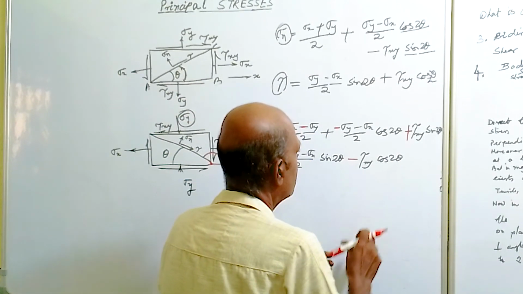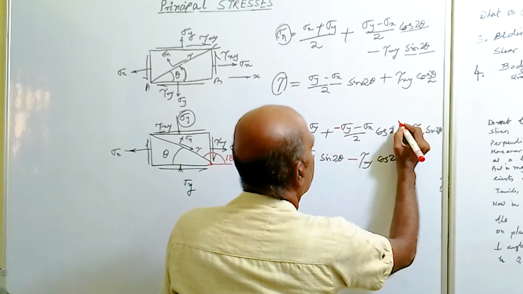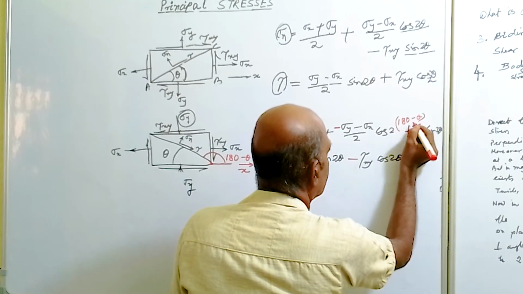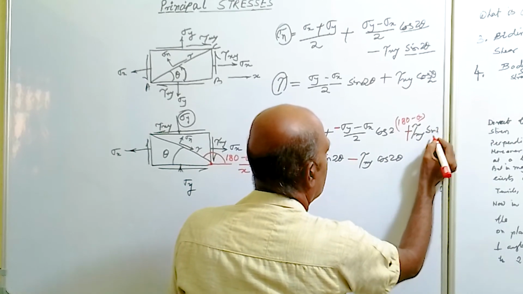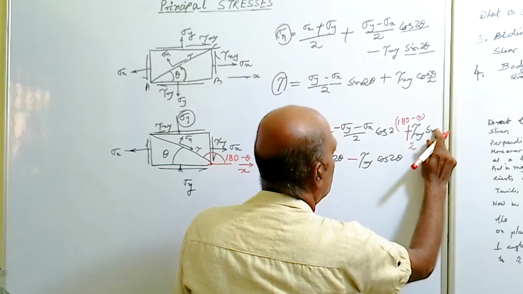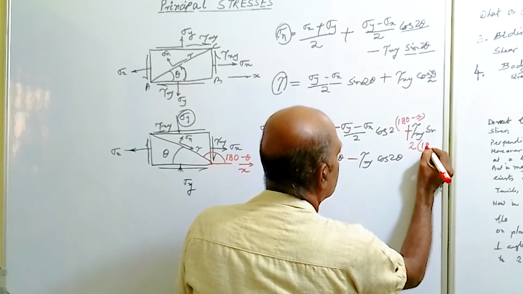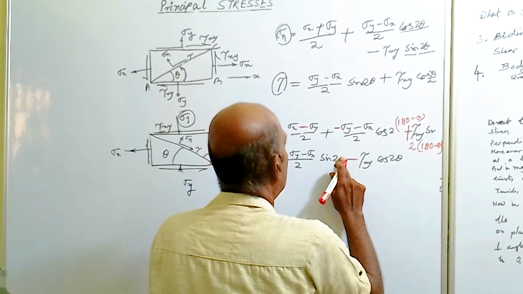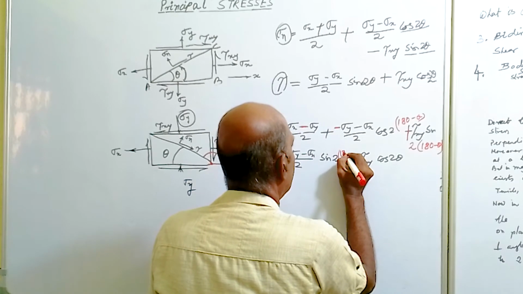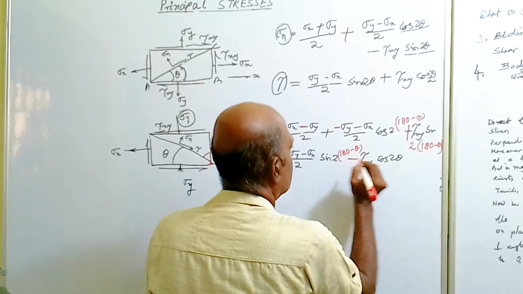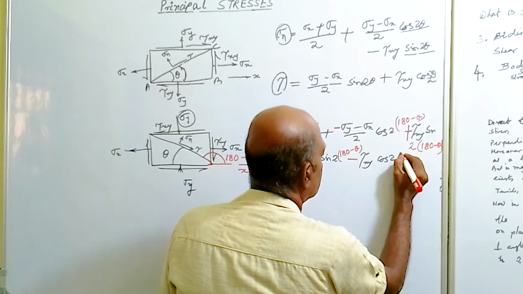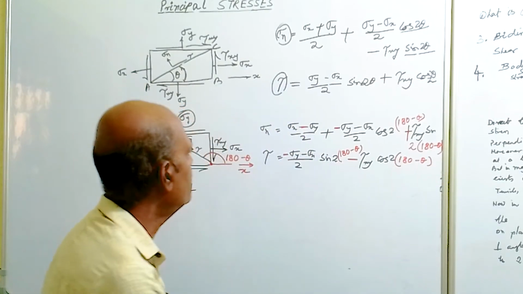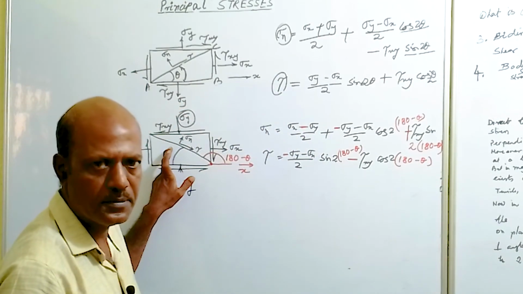Instead of 2 theta, we will write 2 into 180 minus theta. And similarly here, sin 2 theta becomes sin 2 into 180 minus theta, and for this also, 2 into 180 minus theta. So this will be the result for this case.